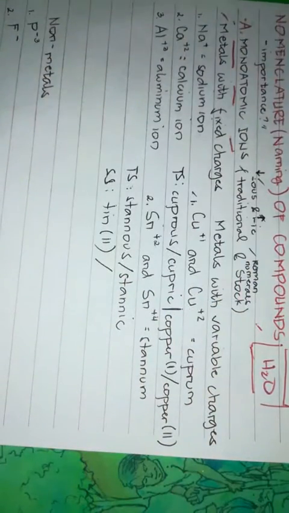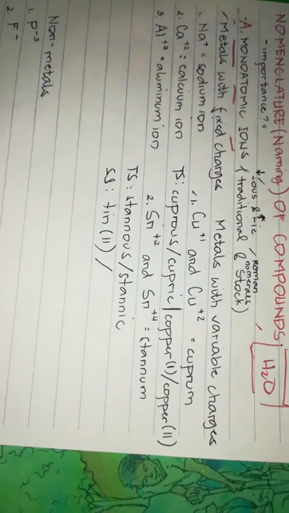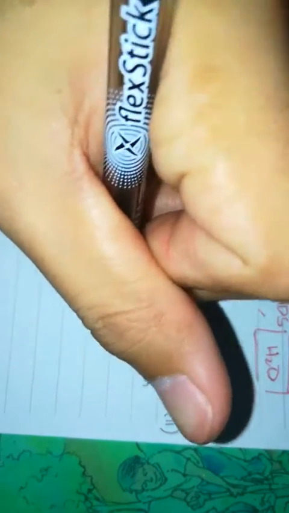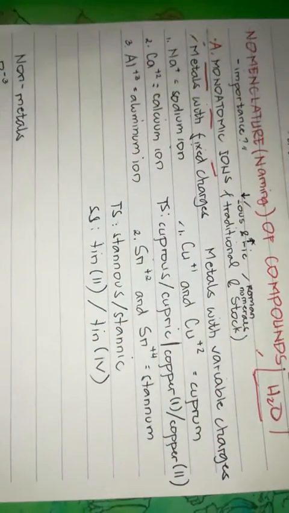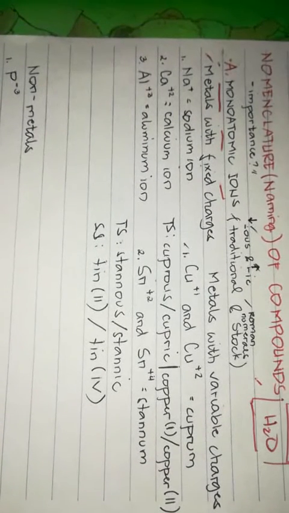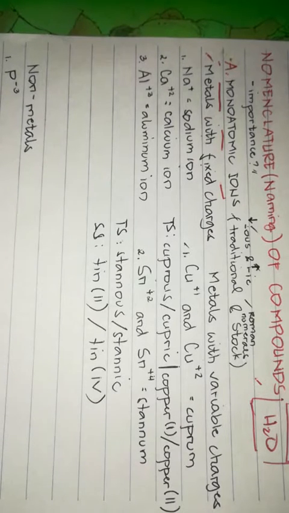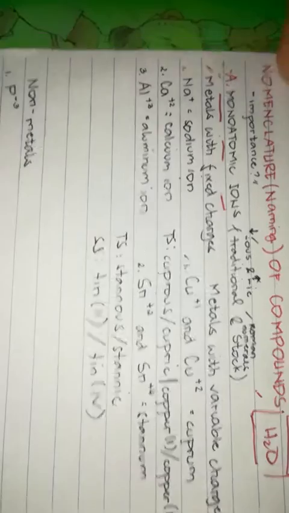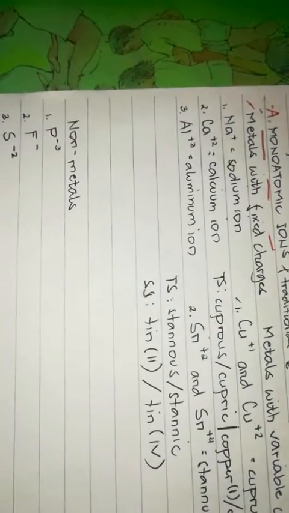Or, if we're going to refer to the one with a positive 4 charge, then write down tin, and then the Roman numeral 4. So that is how we refer to them if we're going to refer to them as either positive 2 or positive 4 na charge ng tin. Okay?